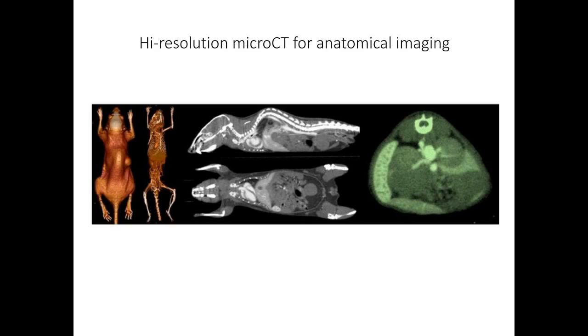But if you look on the middle panel, but also the right panel, which has a much higher field of view, you can inject contrast agents that have different X-ray density effects, and you can actually look at the specific organs of interest. So in this case, on the right-hand side, you can actually see the spleen on the left side of that animal because we injected an iodine contrast.